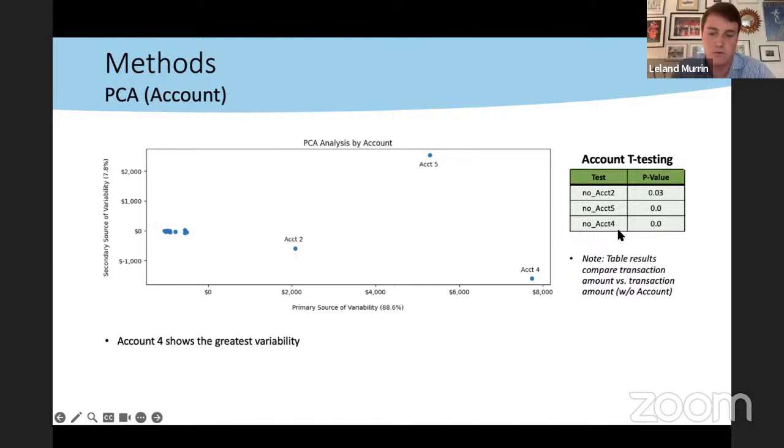And similarly to description 1, we performed some t-testing here to see what would be the difference if we removed these transaction amounts for these accounts from the data set and the variation. All 3 of them were significant, significantly different from removing any of the clustered rest of the descriptions, at 352 descriptions. So there's definitely something going on in these 3 accounts and those 3 descriptions that I was mentioning.